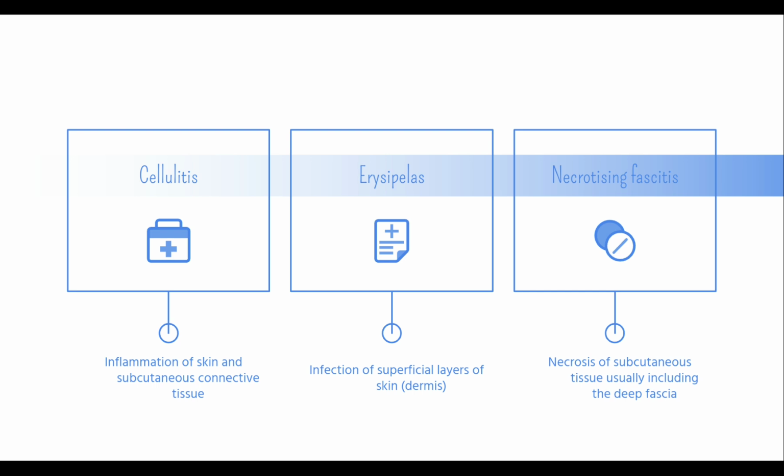Erysipelas is an infection of the superficial layers of the skin, the dermis, so there is a sharp demarcation in the redness. Necrotizing fasciitis is necrosis of subcutaneous tissue, usually including the deep fascia, so you can see necrosis, blisters and the like.